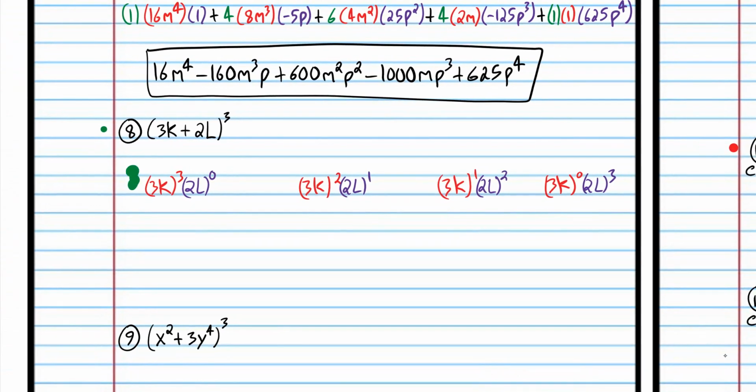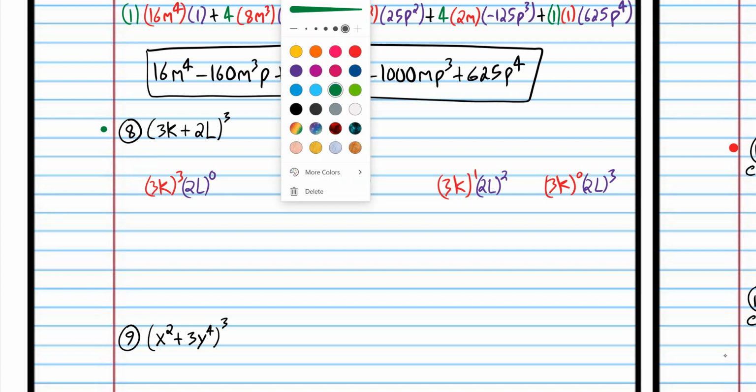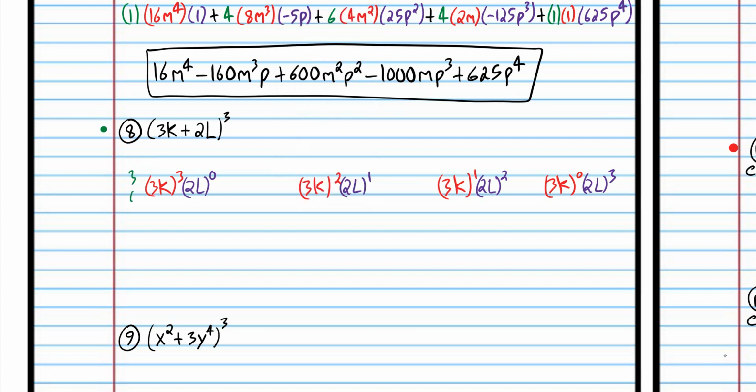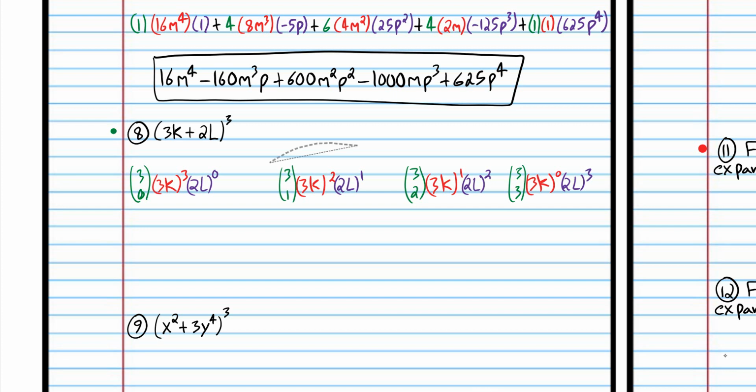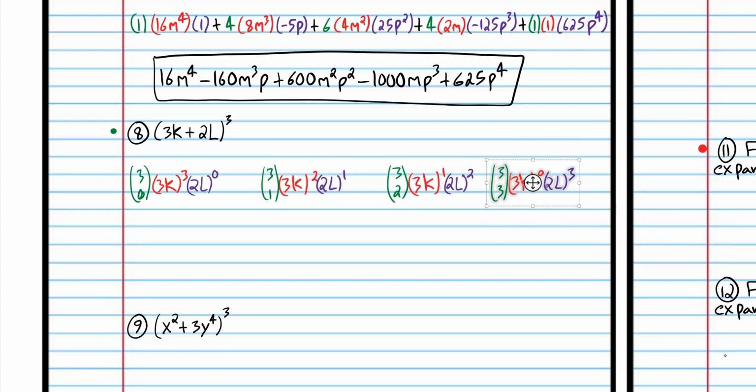So we have 3 choose 0, 3 choose 1, 3 choose 2, and 3 choose 3. Okay. And now we can write addition signs in between all this.